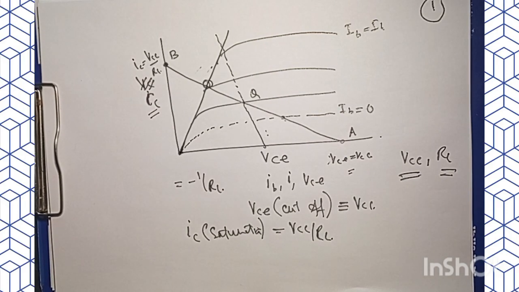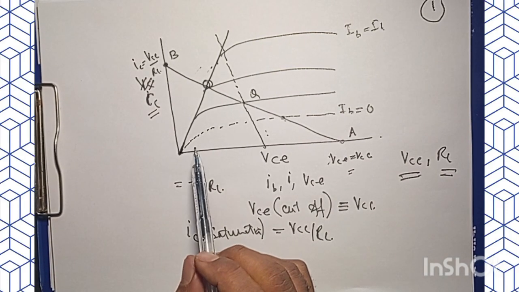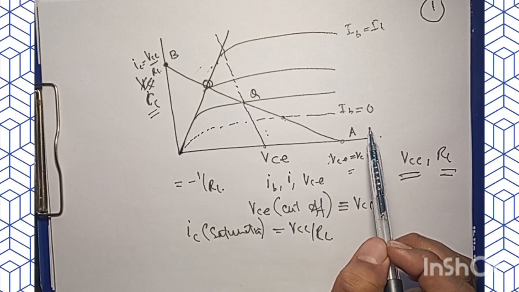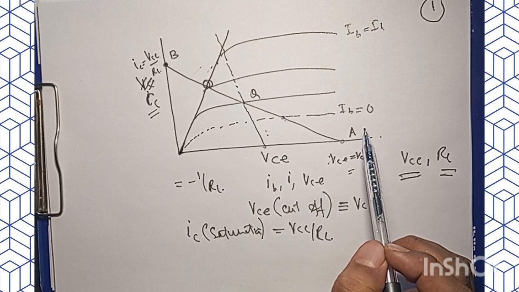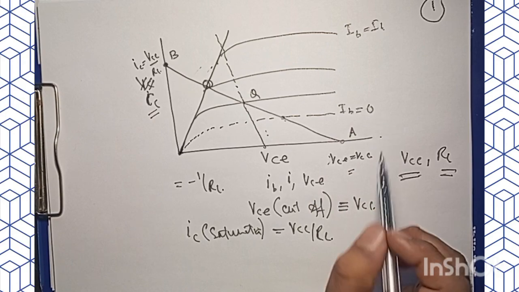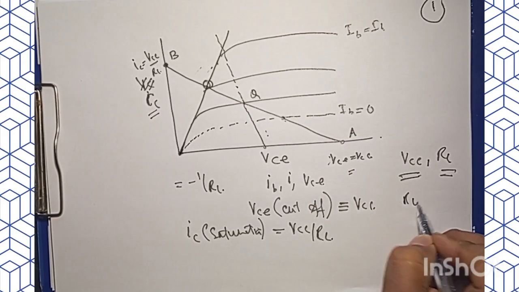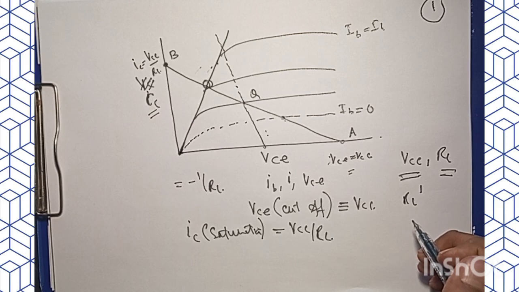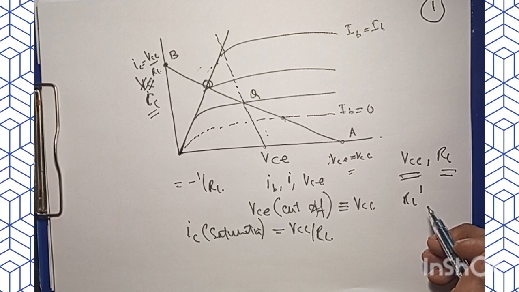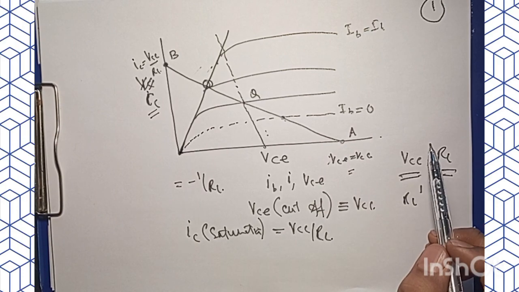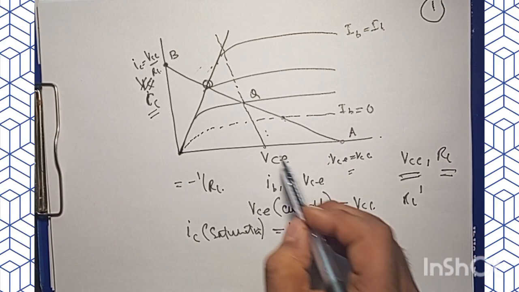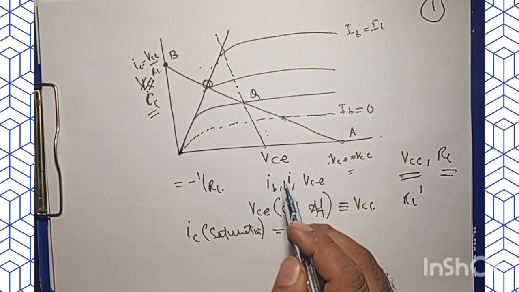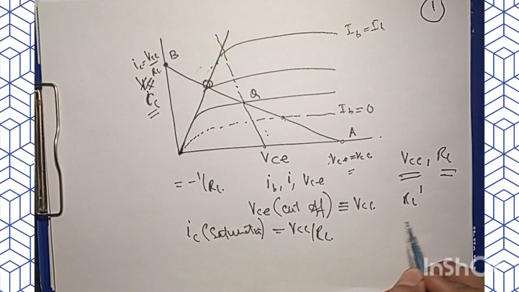Now, what's going to happen is that instead of RL we have RL dash, which is the equivalent impedance of the circuit components involved in the common emitter configuration. Then the slope of the AC load line will be minus 1 by RL dash.